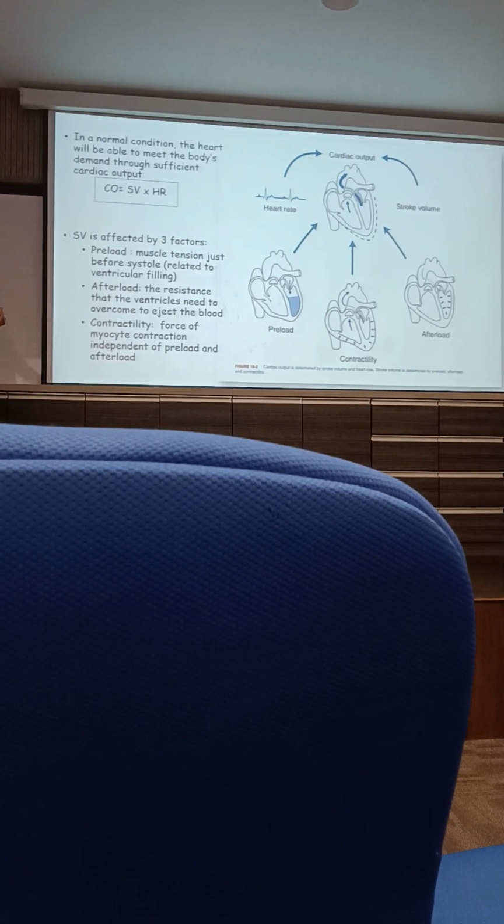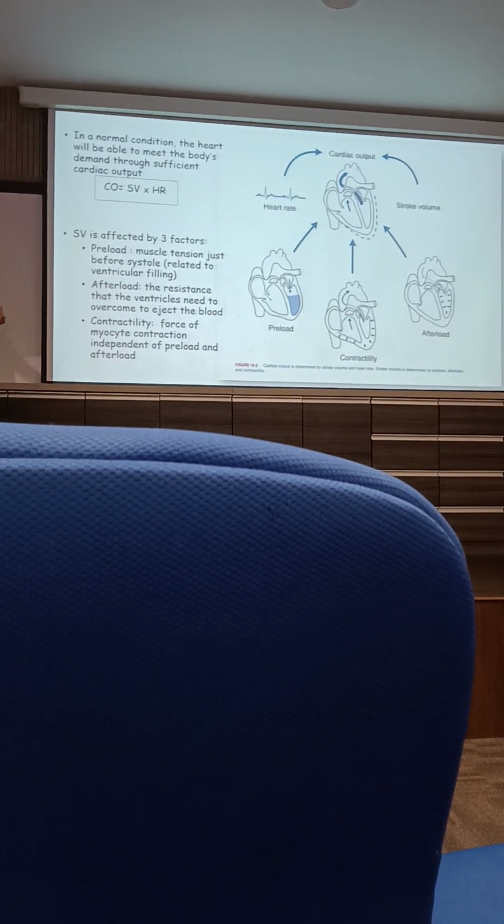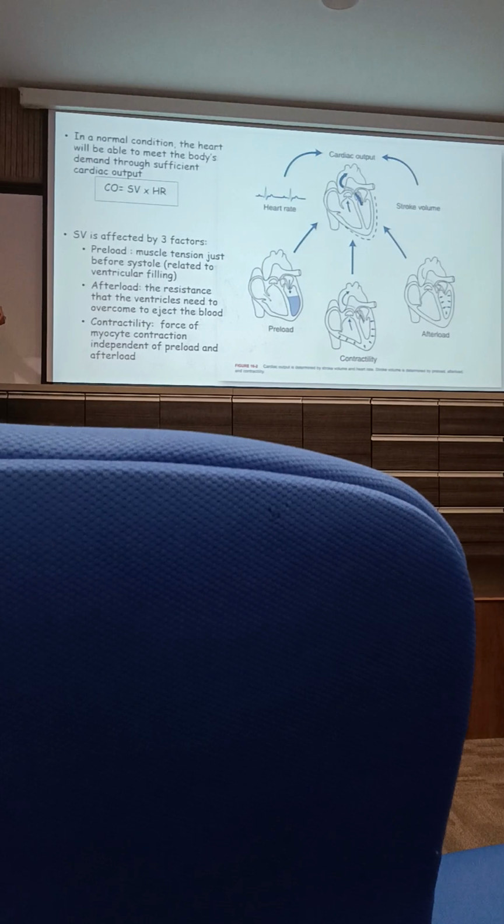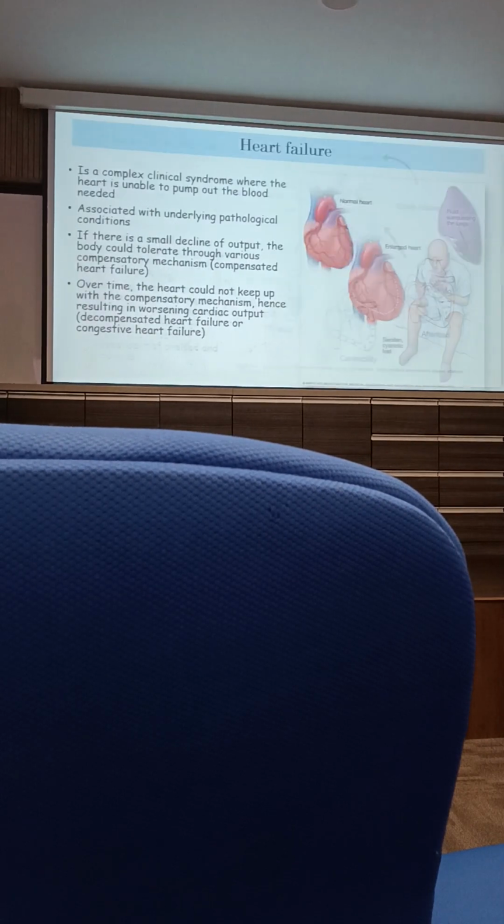When there is an increase in afterload, your stroke volume will be reduced, and the cardiac output will be reduced. There are many factors that influence the preload, afterload, and contractility. I just hope that you can go back and have a look at what those factors are.